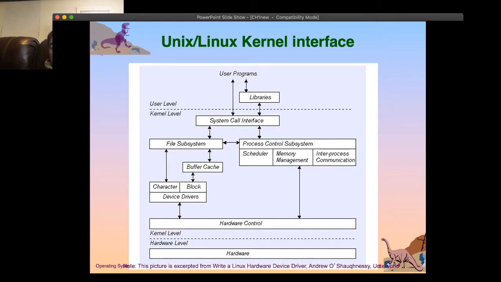Okay, and then on the left hand side you have the file subsystem. That not only manages storage in terms of your data, your file storage, but also manages various devices, because the file abstraction or concept is applicable, so we can use those operations to access not only regular files but also any type of device. Okay, so therefore you're going to see that the file system has an interface to the device driver, which could be a character device or a block device.